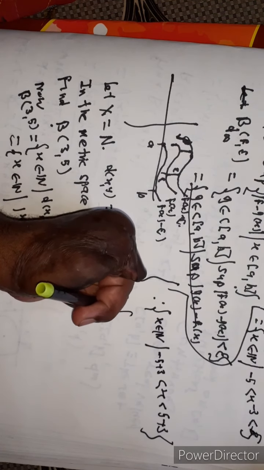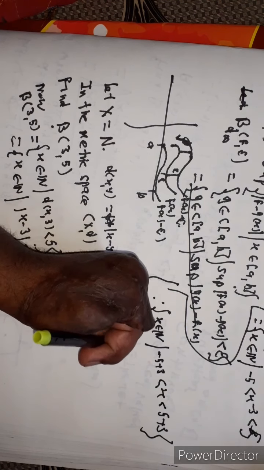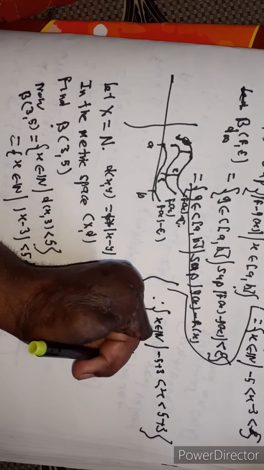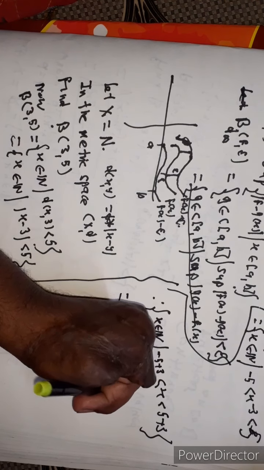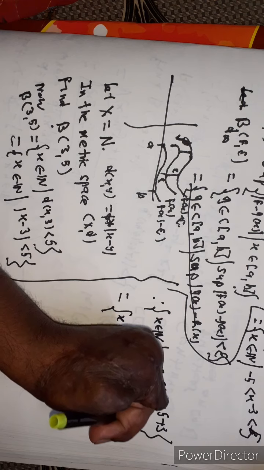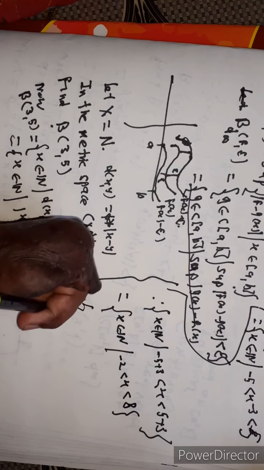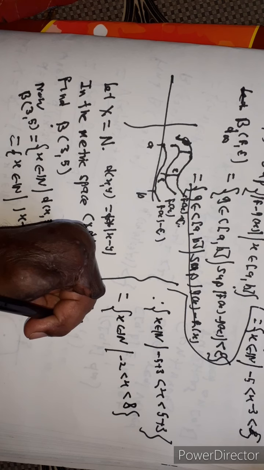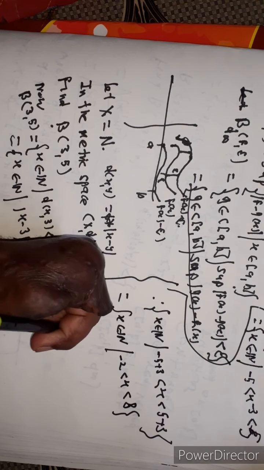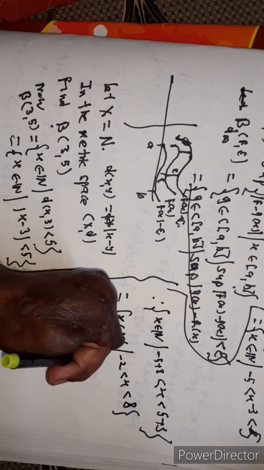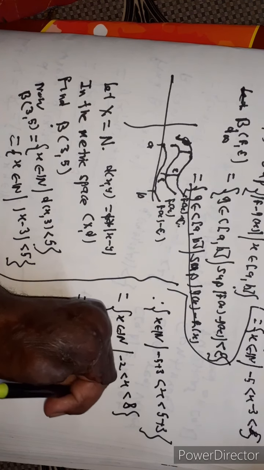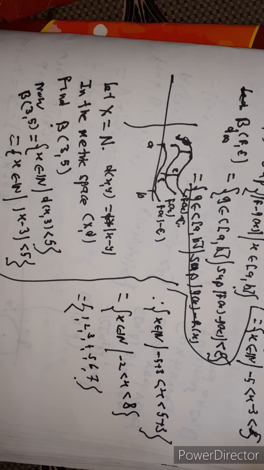It is the set of x belonging to N such that minus 2 is less than x is less than 8. Now the natural numbers which are greater than minus 2 but less than 8, this set is equal to 1, 2, 3, 4, 5, 6, 7. This is the open ball centered at 3 and radius 5 in the metric space (X, d).